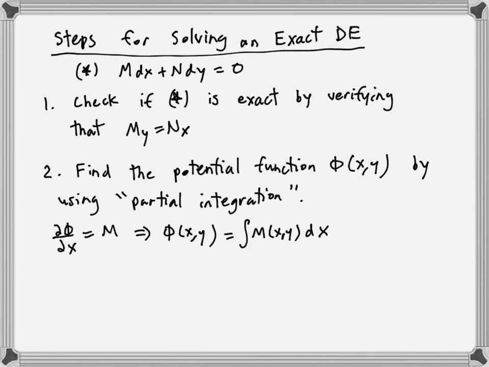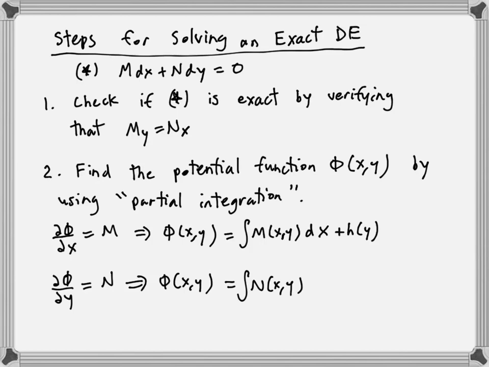However, when you do that, you're not going to get plus c, but plus some unknown function of y. Next, if the partial of phi with respect to y is equal to N, then that means that phi is equal to the integral of N of x, y with respect to y plus some other function of x.